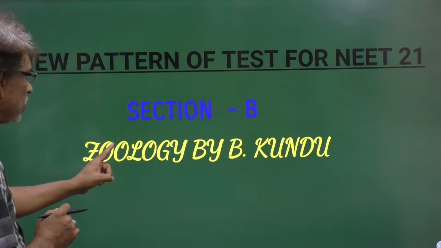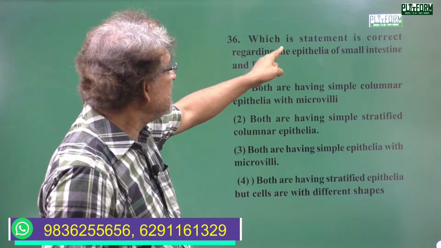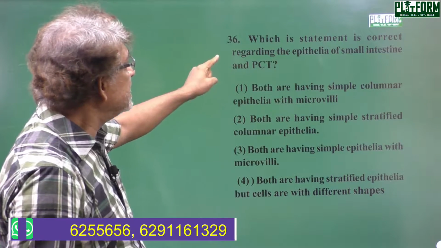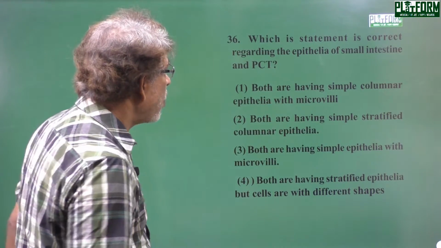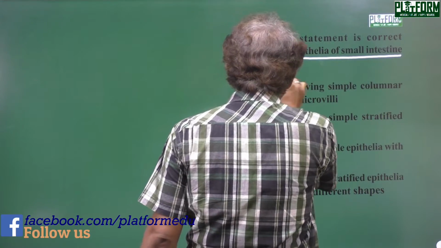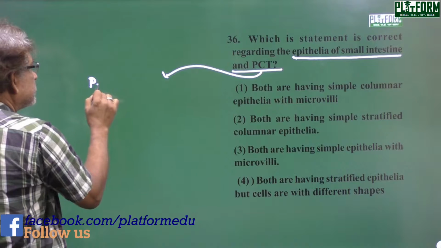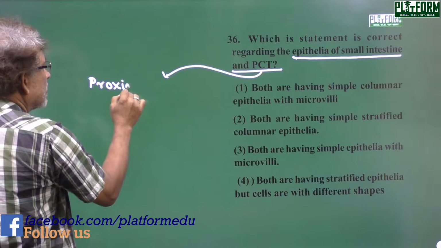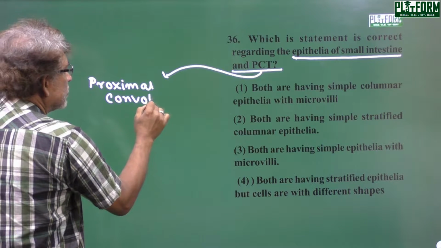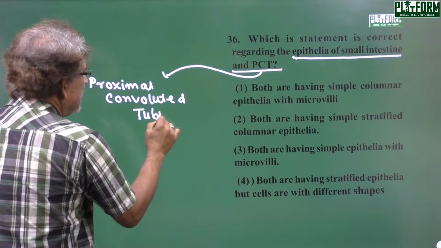Section B, zoology part, question number 1. Which is the correct statement regarding epithelia of small intestine and PCT. PCT means proximal convoluted tubule.